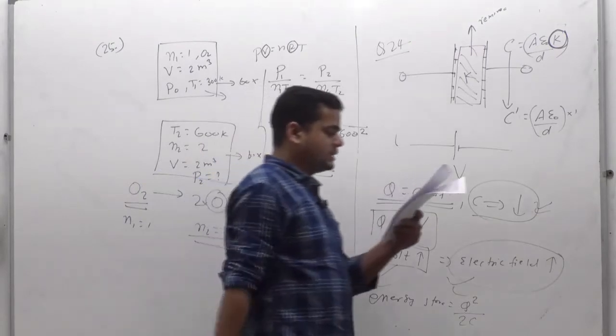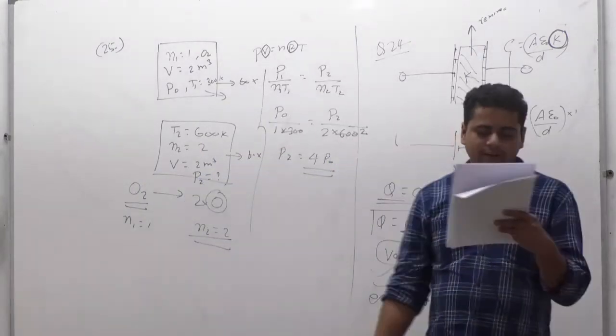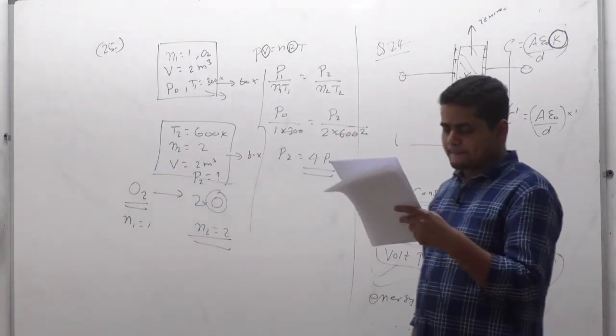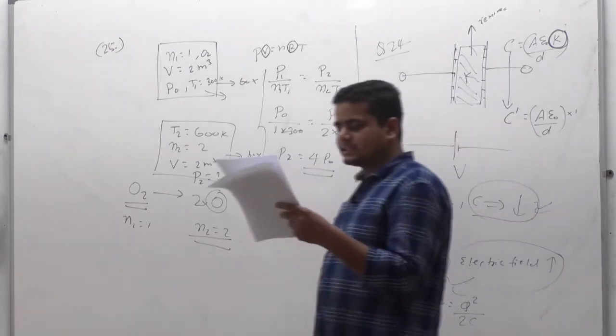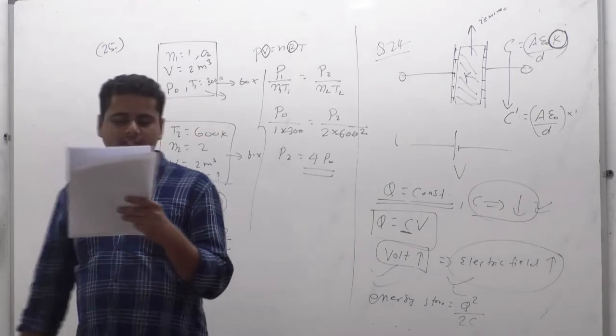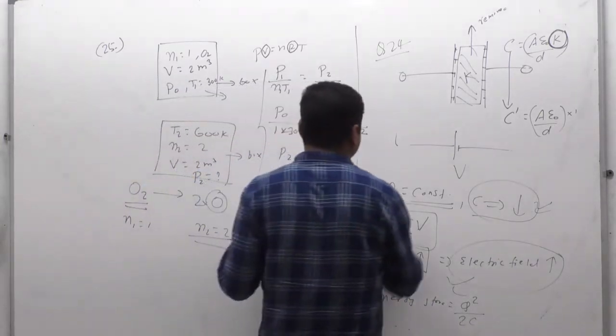Next question is 26. The value of the quality factor of the series resonating circuit with inductance, capacitance and resistance is given. Everything is given, just put the values.